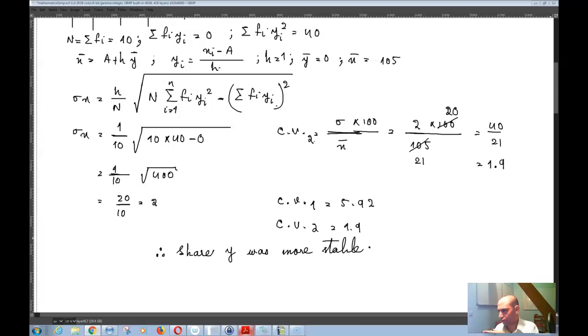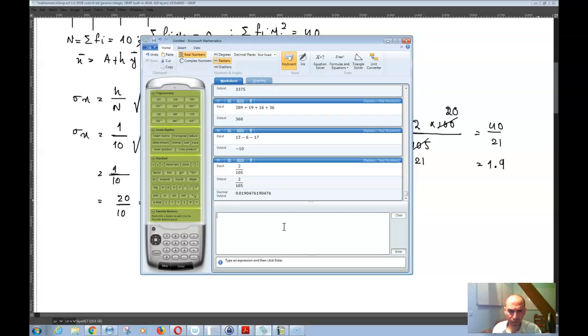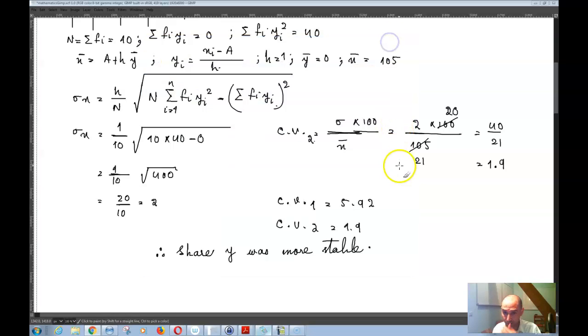We said that the coefficient of variation of shares Y is sigma 2 divided by Y bar times 100, which is equal to 2 divided by 105 times 100, 1.9.